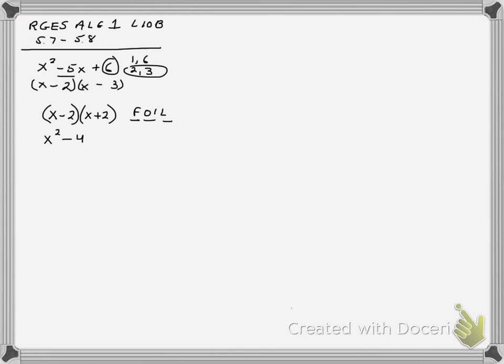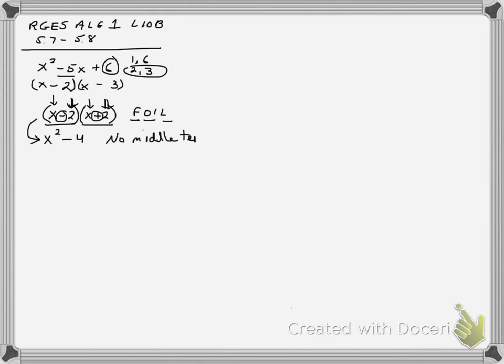Now, notice this pattern. The first terms in both these binomials are the same, and the second terms in both binomials are the same. The only difference is one has a negative and one has a positive. And what happens in my answer when I multiply those is that I have no middle term. That's one thing I can say about this.